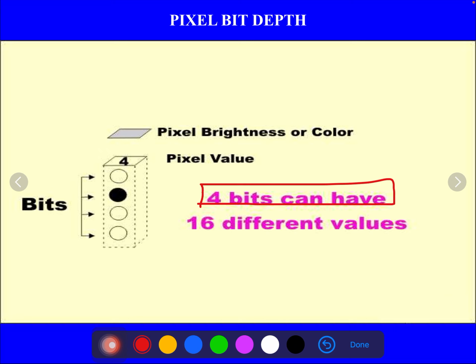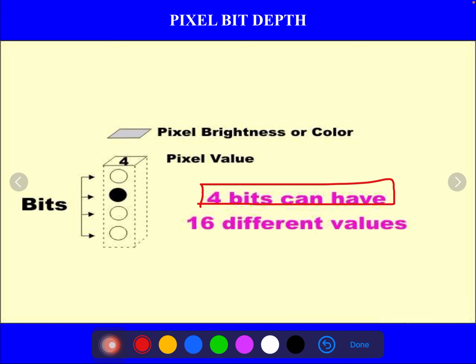Higher bit depth means more shades and better image quality. So bit depth is very important for maintaining the quality of images. Where more shades are available, the image quality will be better compared to when the depth is less.